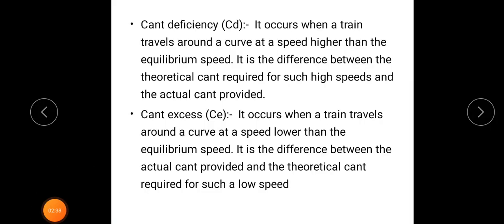Next is cant deficiency and cant excess. Equilibrium cant means when the lateral forces and wheel loads are almost equal, the cant is said to be in equilibrium, or the super elevation is said to be in equilibrium. This equilibrium cant is provided on the basis of the average speed of the train. So we are designing the super elevation value based on the design speed of the train.